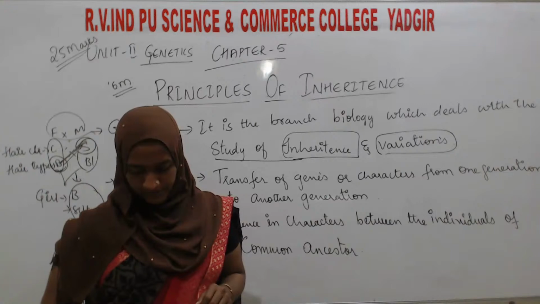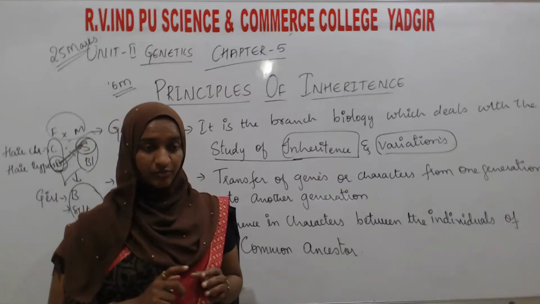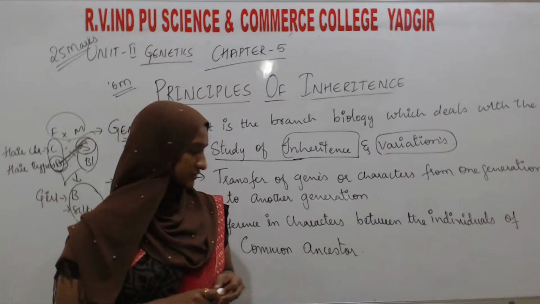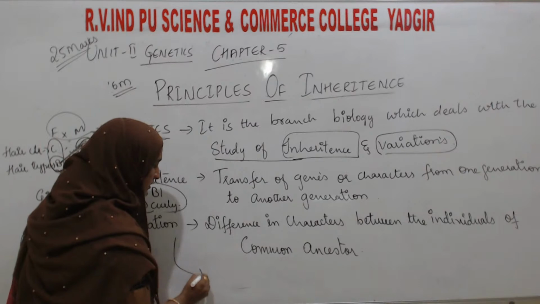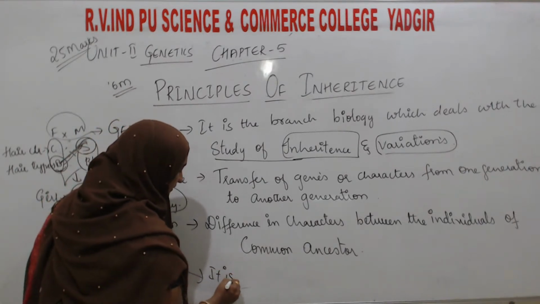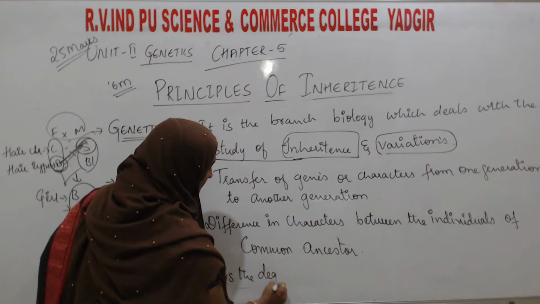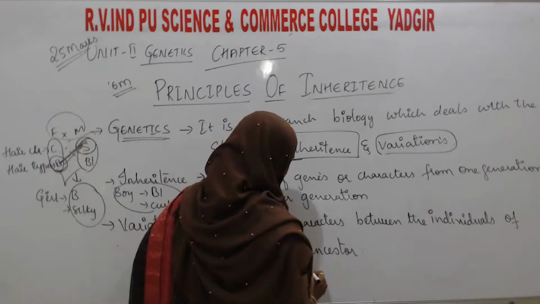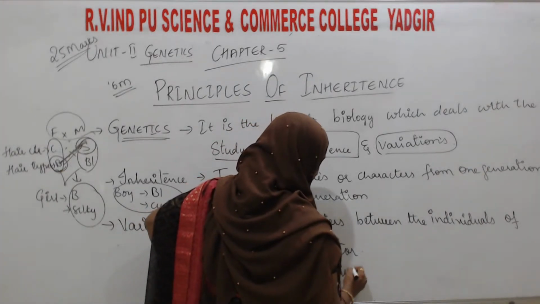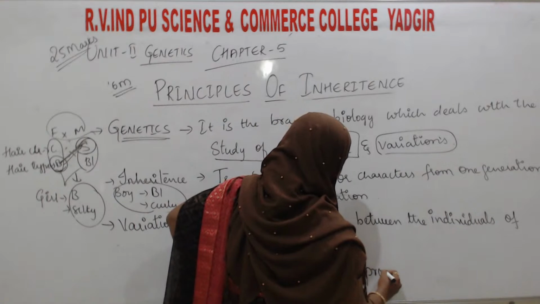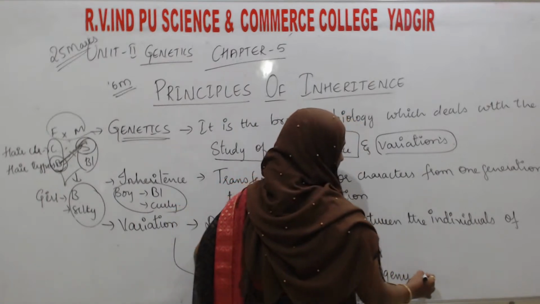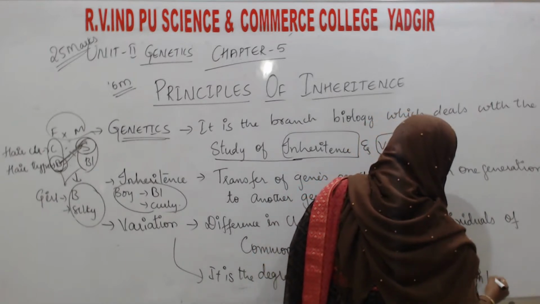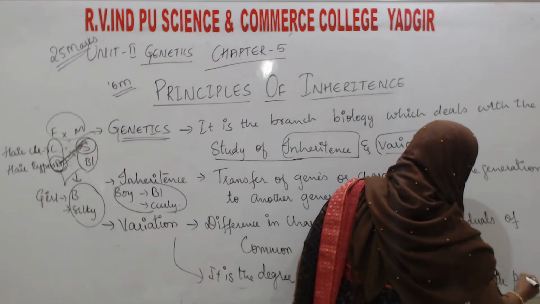First, one more thing: variation is the degree by which progeny differs from their parents. One more point for the variation, it is the degree by which progeny differs from their parents.